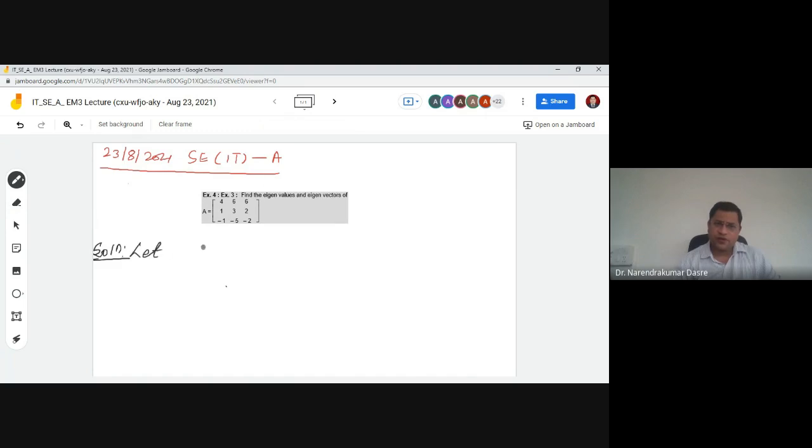So let A be equal to, always write the given things, 4, 6, 6, 1, 3, 2, be careful, -1, -5, and -2. This is the given matrix.